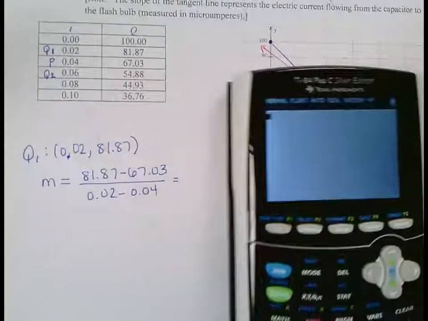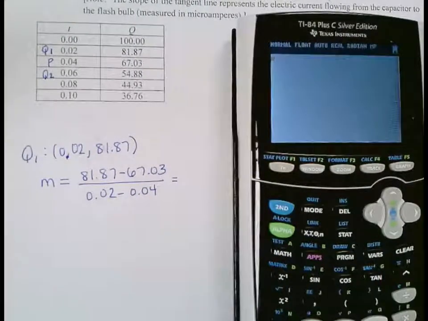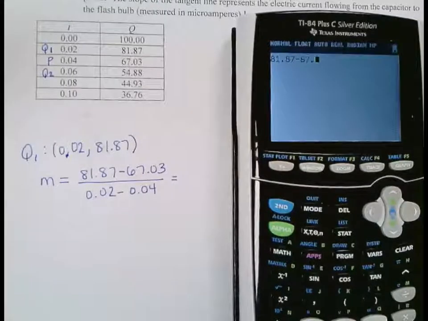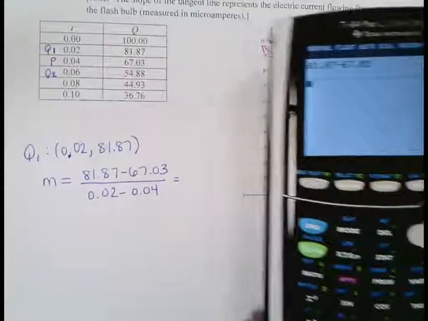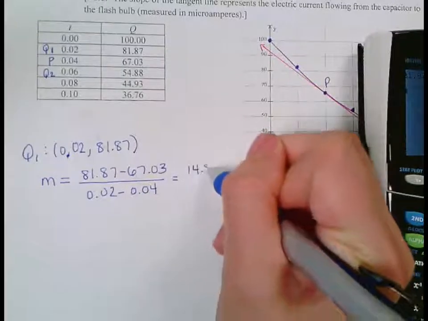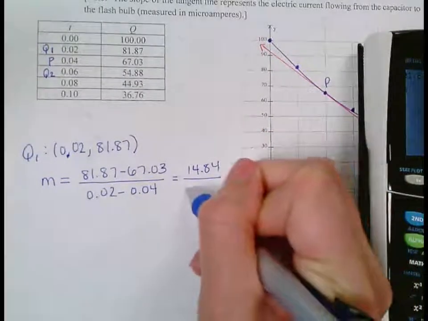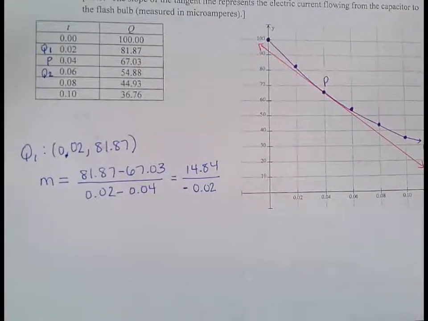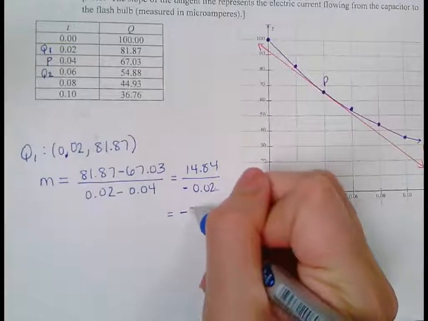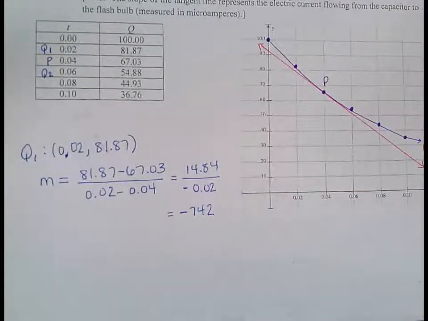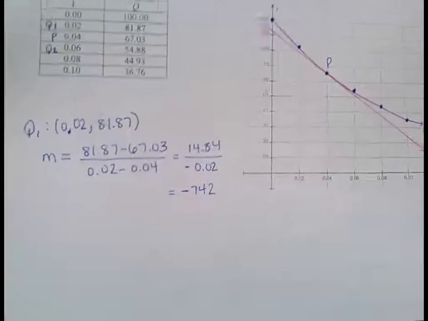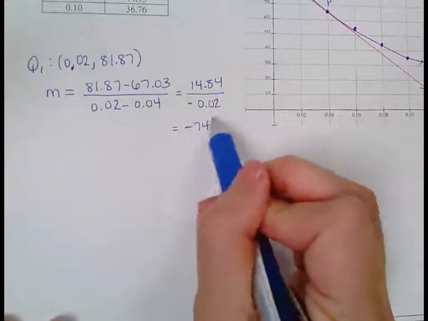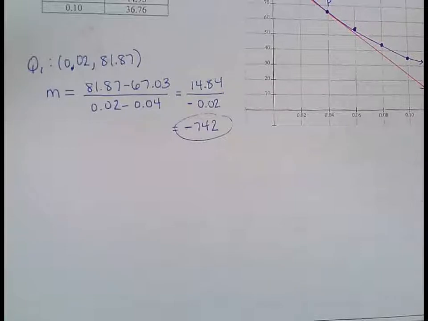Calculating that would be a change of 14.84 on top, and then a negative 0.02 in the denominator. So that would give me a negative slope of negative 742. So that's one slope. That would be an approximation.